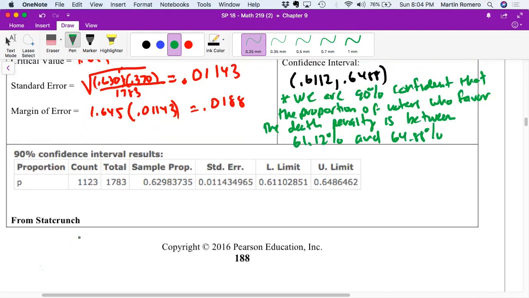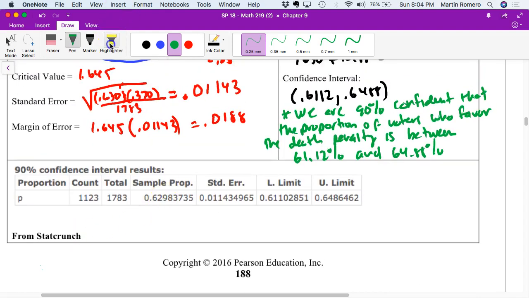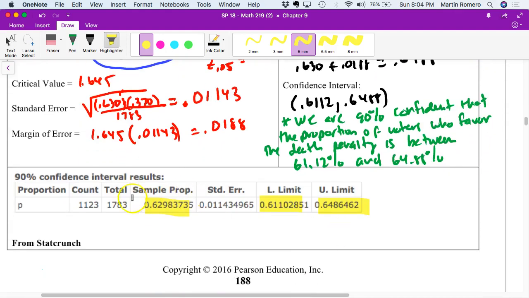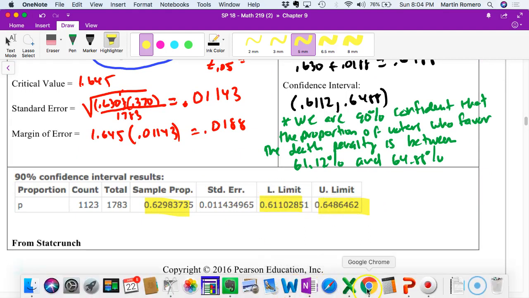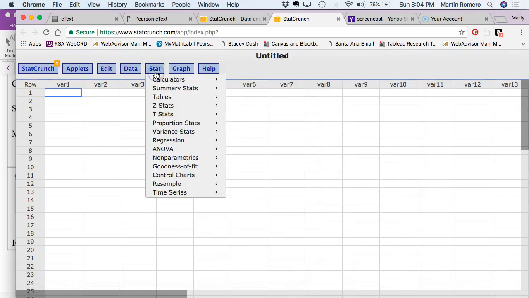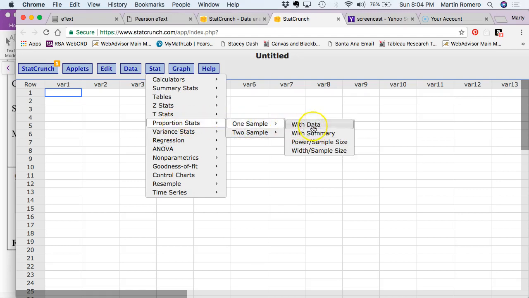I'm going to show you from StatCrunch what the answer is, which is a highly accurate answer because they're not rounding. You will see the lower limit, upper limit, sample proportion. You can see where we get that from. Where that would come from, let's show you now one time. You would go to Stat, proportion stats, one sample with summary, since we don't have the data.